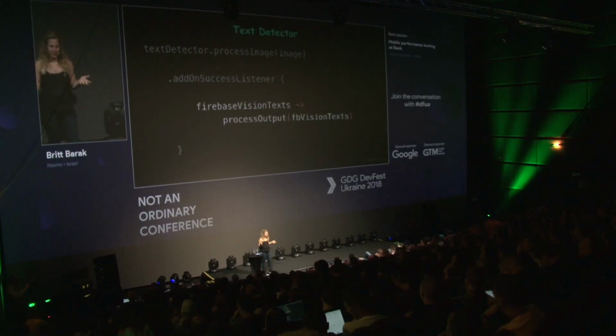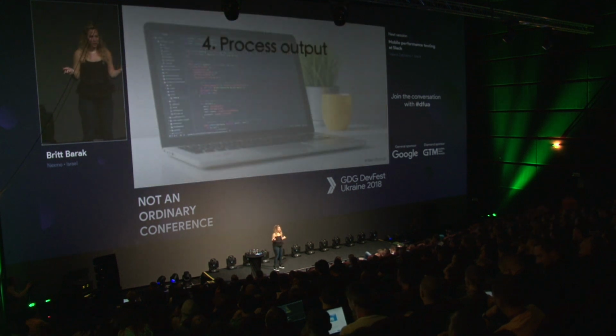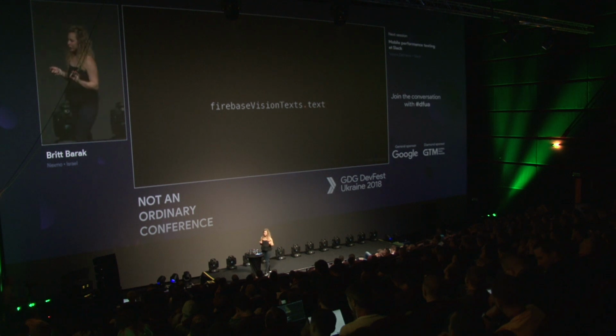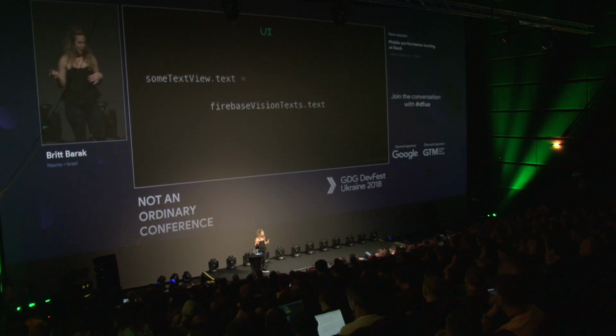But if we want to keep stuff simple, we can just ask for the text. Just call getText on this object, and you'll get all of the text with separate lines and stuff like that. So it's really cool. Now we can do with that whatever we want, for example, just put it on some text view, but that's it.